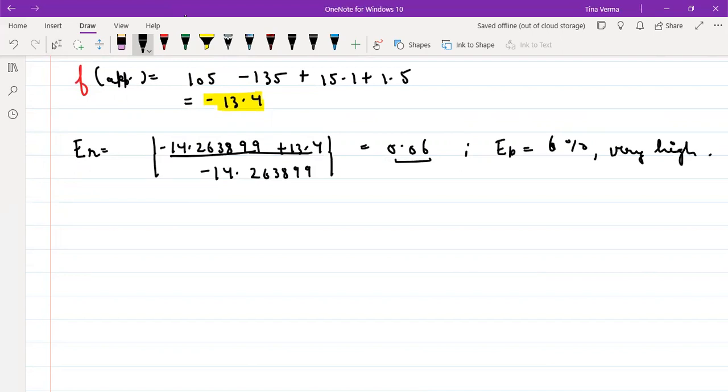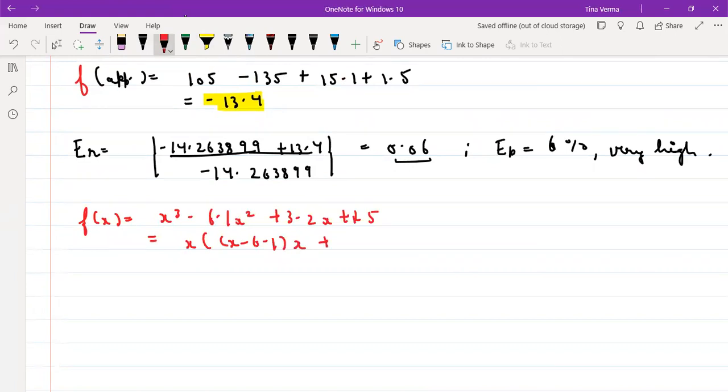So why did this happen? Because we have done the rounding at every step. If you rearrange the calculation, f of x was x cube minus 6.1x square plus 3.2x plus 1.5. If you rearrange it like this, that is x into x minus 6.1 into x plus 3.2 plus 1.5.